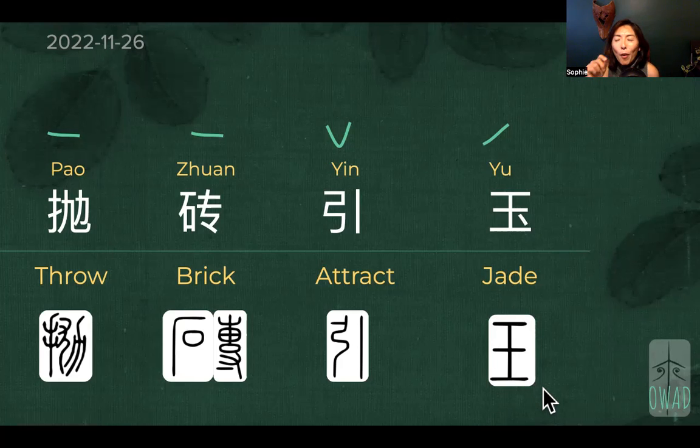Actually, it's the number one most used surname of all population globally. Wang is the number one family name globally. More people are named Wang than anybody else. So without the dot is Wang. With the dot here is Yu.